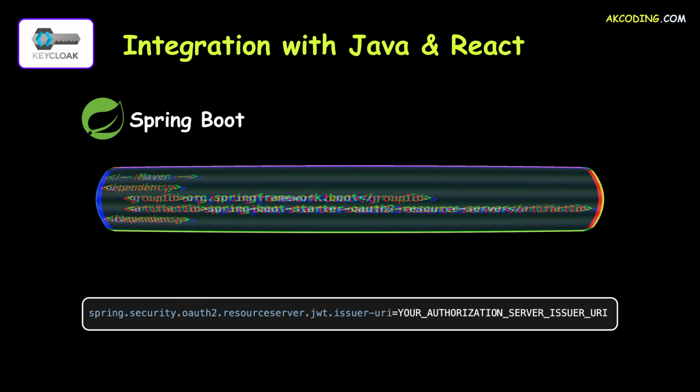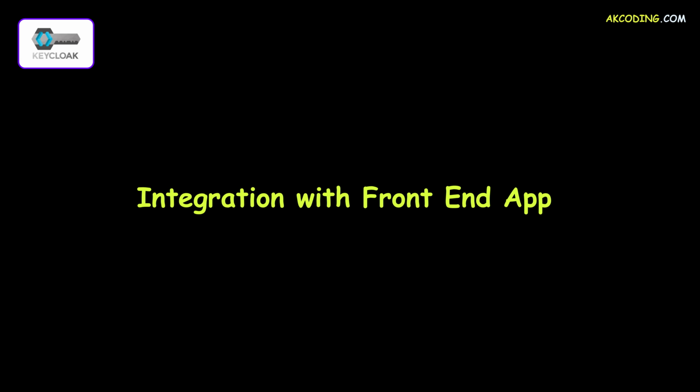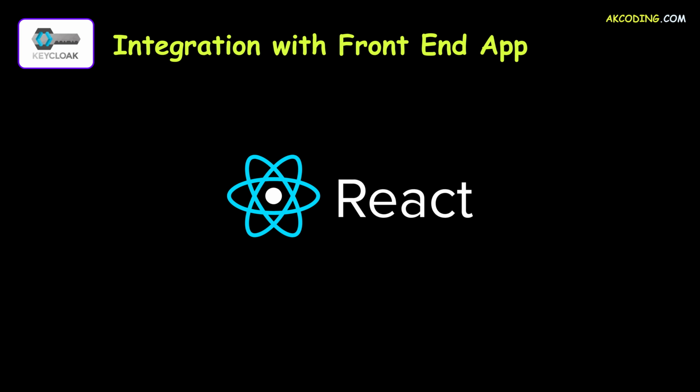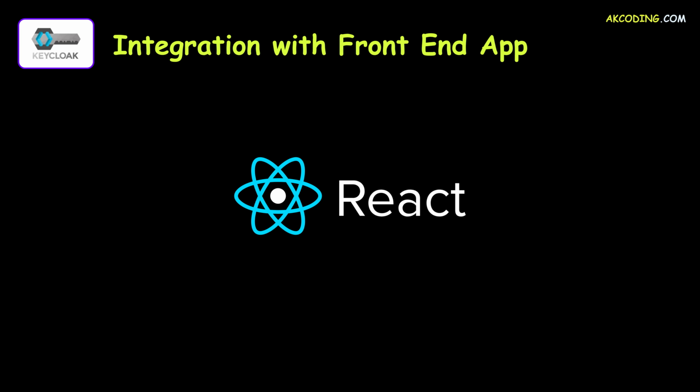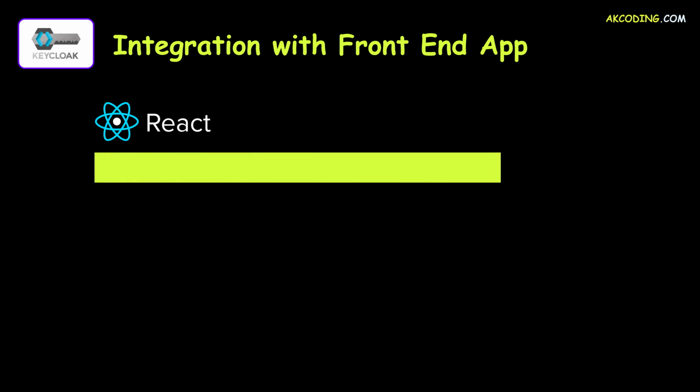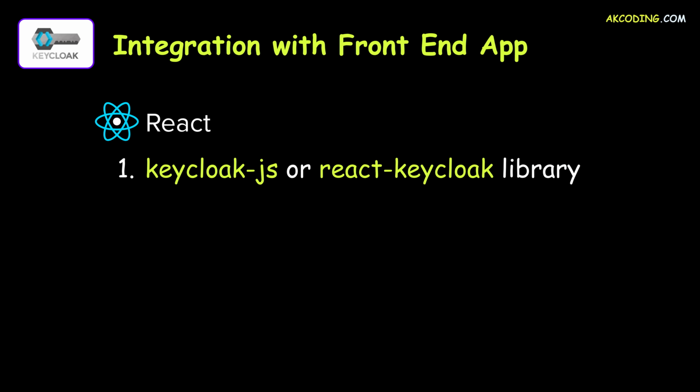Now let's talk about the front end integration of Keycloak. Let's suppose we are taking an example in a React application. Here are 3 easy steps to integrate Keycloak in your React project. Number 1, use the official keycloak-js or React Keycloak library.